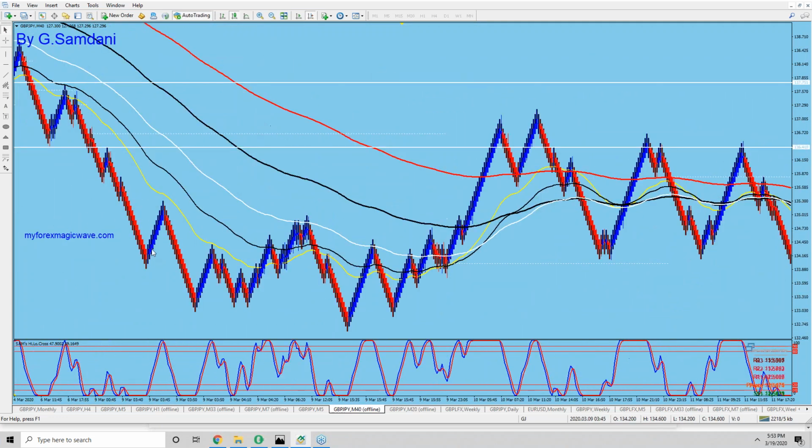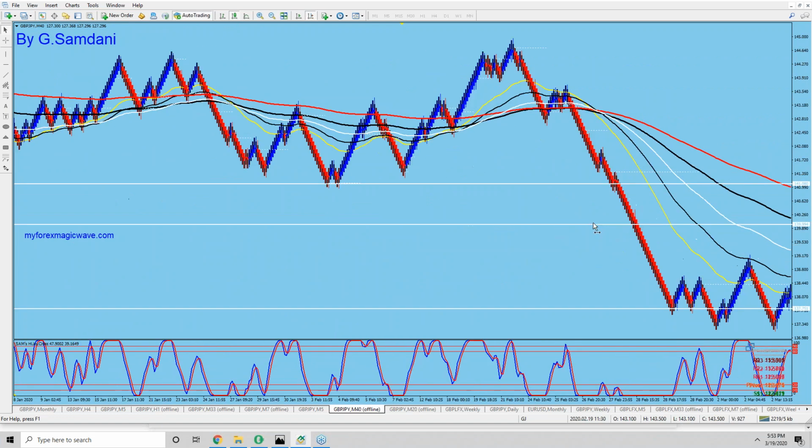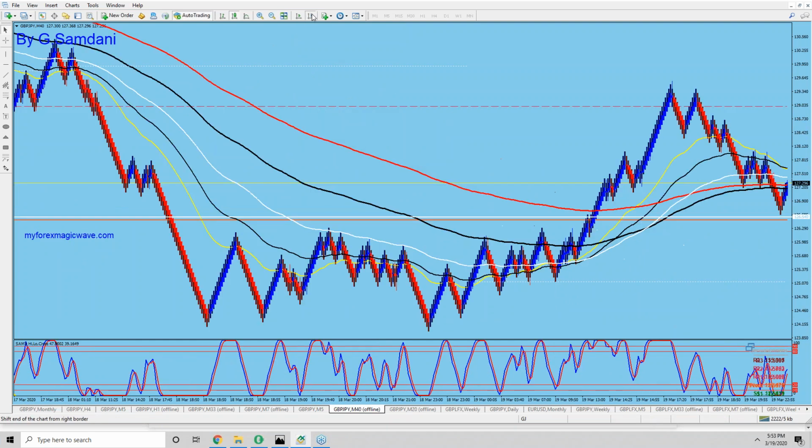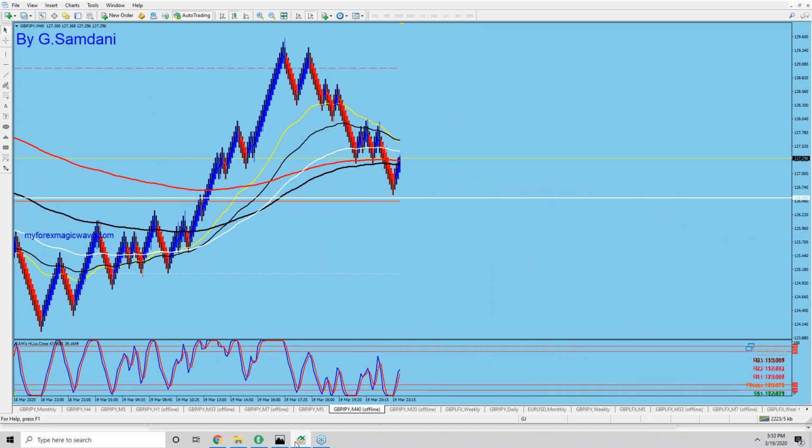I have a lot of chart here. I can even reduce it to probably, see, now it stops here. So it's December, sorry, I forgot about it. December, right? 2018. So that's this pound yen.